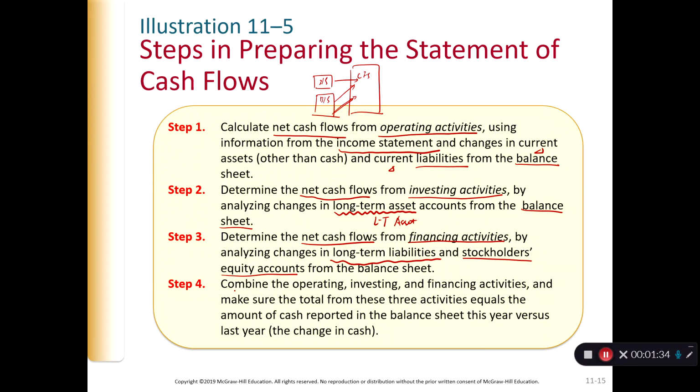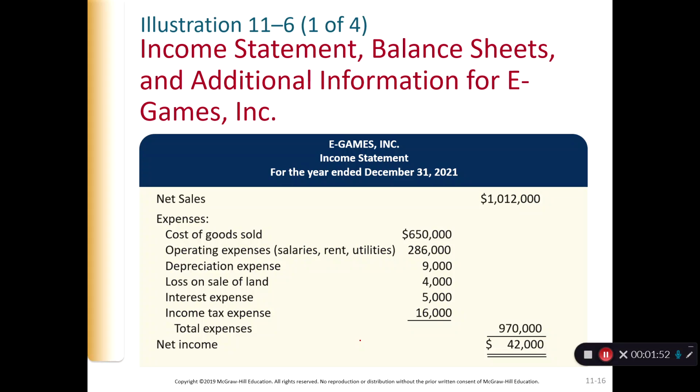And step 4 is that we want to combine operating, investing, and financing activity, and then make sure that the total from these 3 activities equals the amount reported in the balance sheet of this year versus last year, which is the change in the cash. Okay. So let's look at the example.